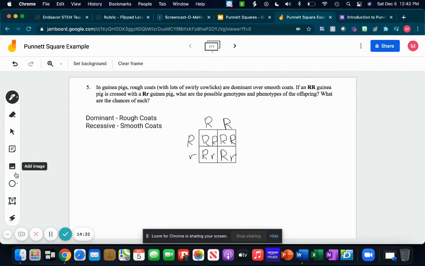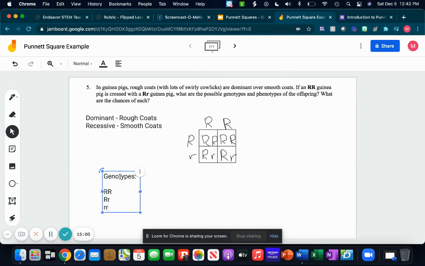The fourth step is to determine the genotypes. Remember, the genotypes are the letter combinations. So most times you have 3 options. They're not always going to be present, but okay. So we have big R, big R, and little r, little r.